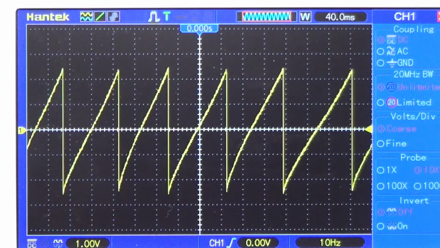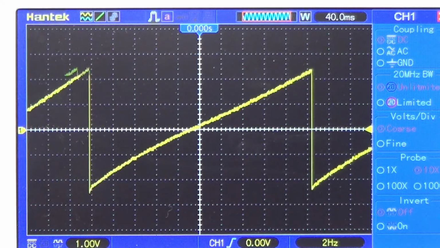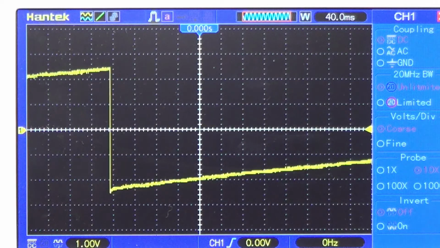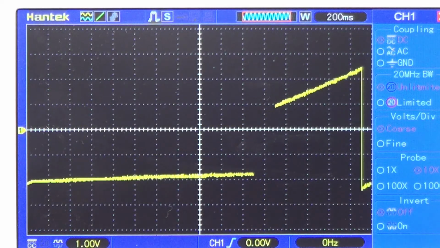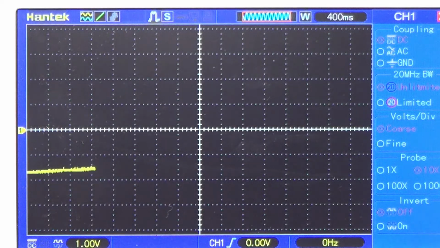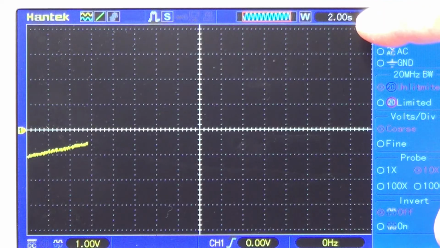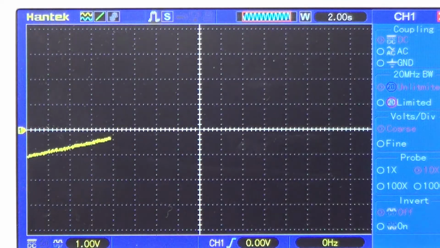On the other end, if we go down, let me slow this so you can see better. See how slowly it increases. Let me adjust a little bit more. See, we have 2 seconds per square right now, and look how slow is this ramp going up.